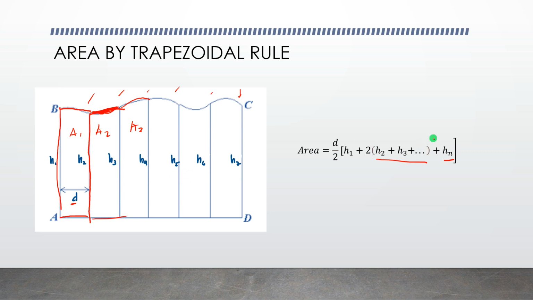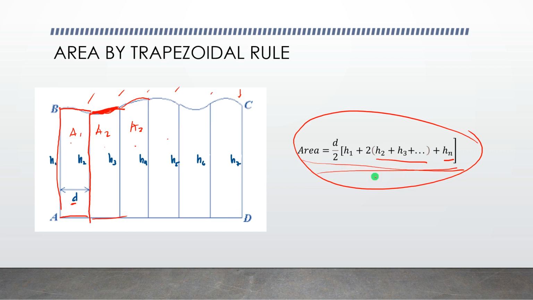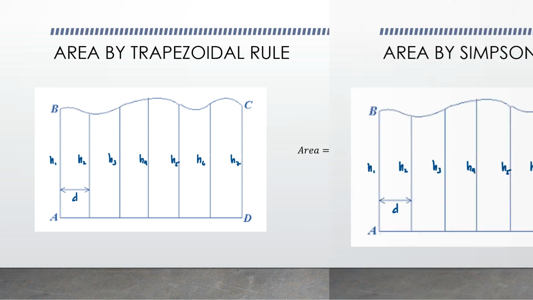If the stationing is too many, it's not necessary for us to manually compute the area at each trapezoid, but we just simply use this formula, which is easier to memorize: d over 2 multiplied by h1 plus 2 times the sum of all the intermediate heights, then add h of n, the height of the last station.